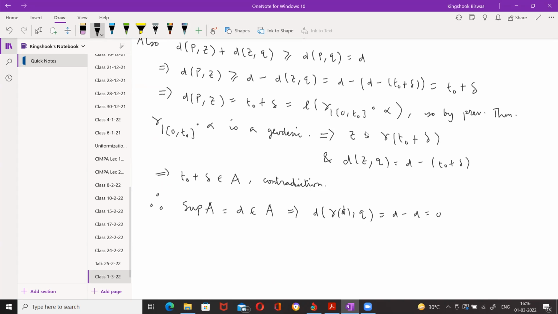And that implies that gamma D is equal to Q. Okay, so this finishes the proof of A implies E. Is this clear?